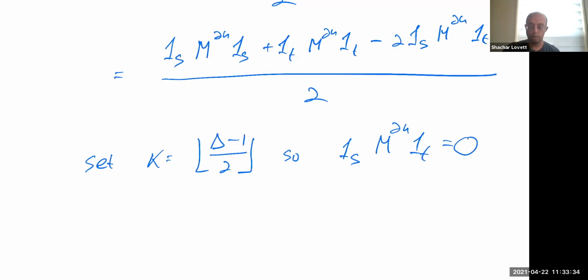We said there is no path in this graph of length 2k between s and t. So by choosing k in this way, we are able to kill this last term. So this last term is now killed.